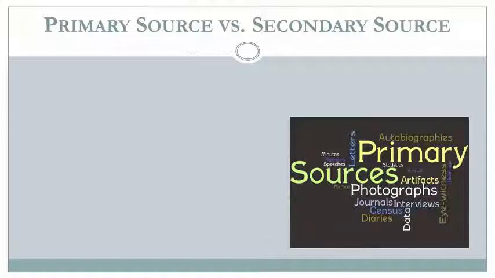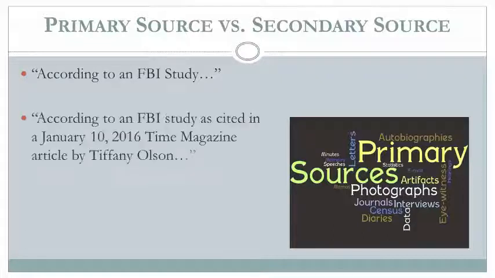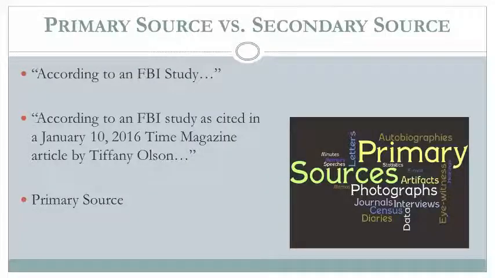Primary sources versus secondary sources. According to an FBI study, as cited in a January 10th, 2016 Time Magazine article by Tiffany Olson, the primary source is according to an FBI study. The FBI study is the primary source.